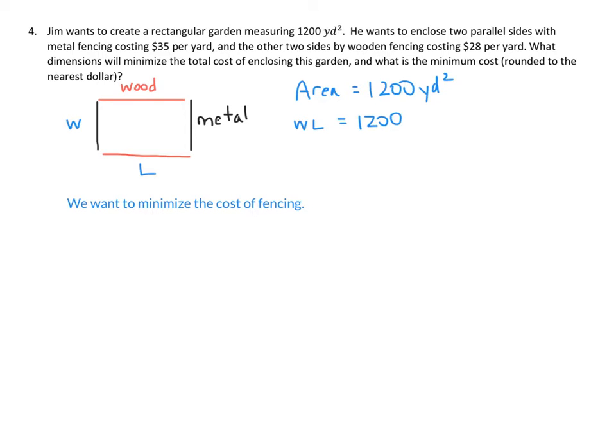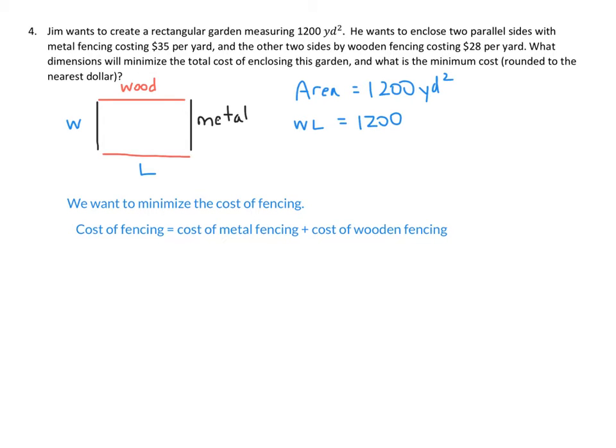Now in trying to come up with a cost function, let's keep in mind that we can think of this as two pieces, because two of the sides are made with metal fencing, which costs $35 per yard, whereas the other two sides are made with wooden fencing that costs $28 per yard. Since the costs are different, we're going to break the cost of fencing into the cost of metal fencing plus the cost of wooden fencing.